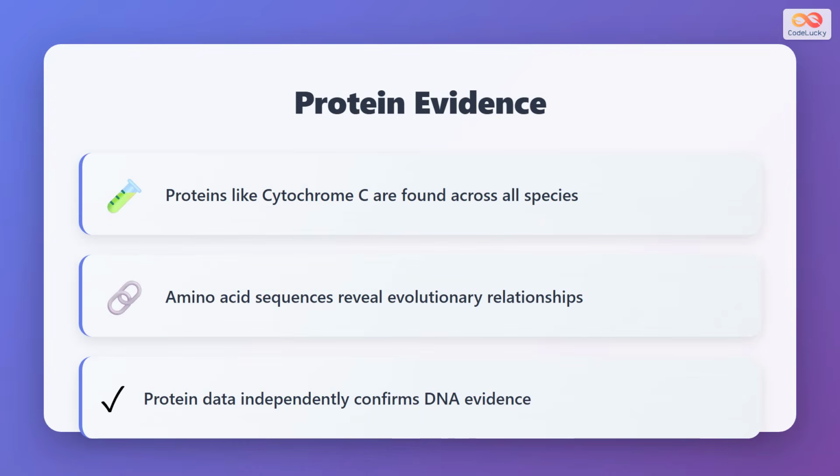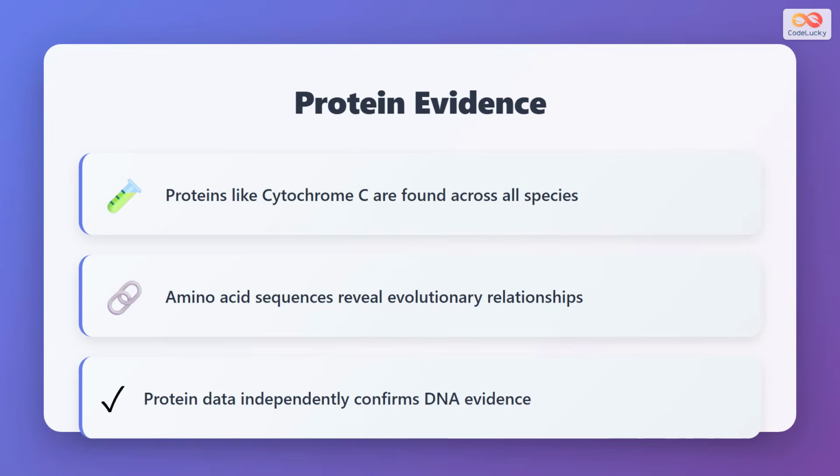Proteins provide another powerful line of molecular evidence. Certain proteins, like Cytochrome C, are found across all species because they perform essential functions. By comparing the amino acid sequences that make up these proteins, scientists can assess evolutionary relationships. Fewer differences in amino acid sequences indicate closer evolutionary ties.